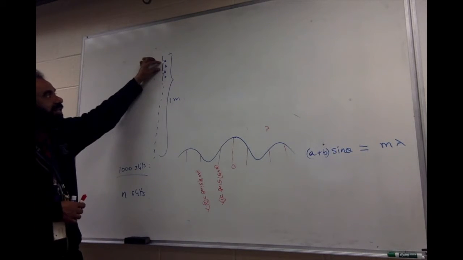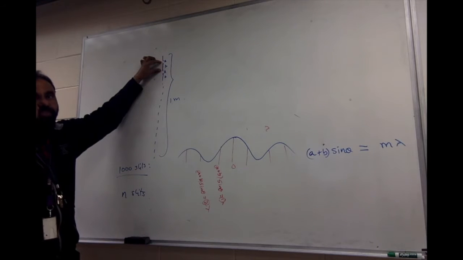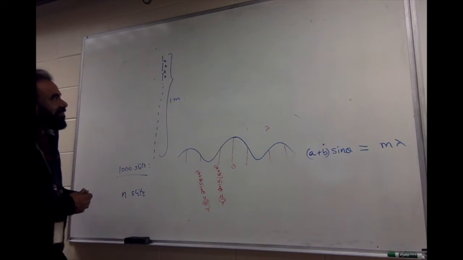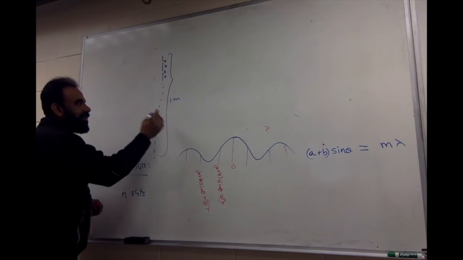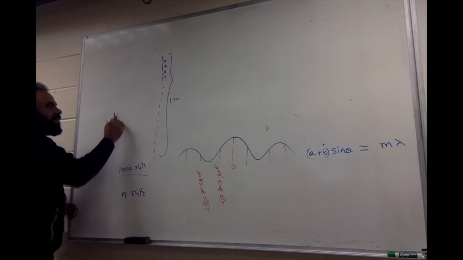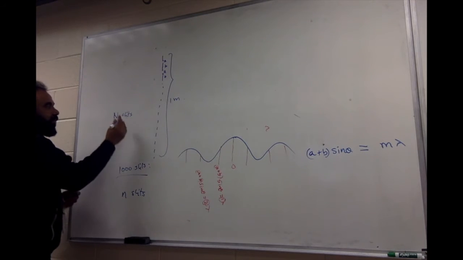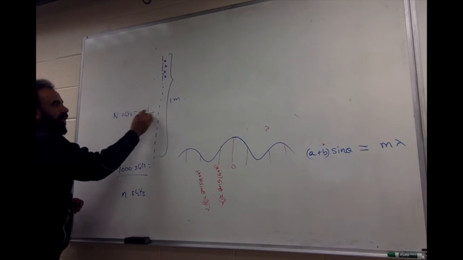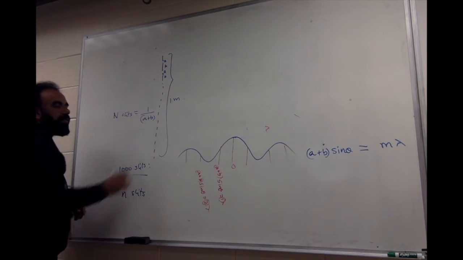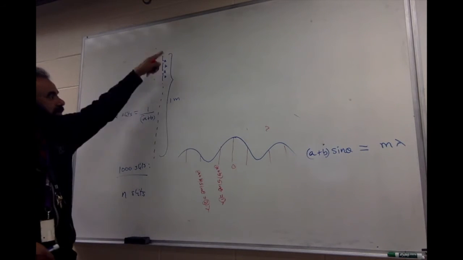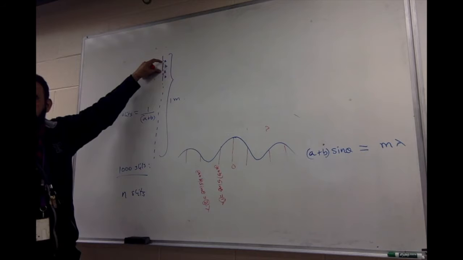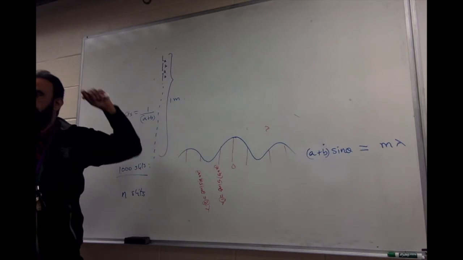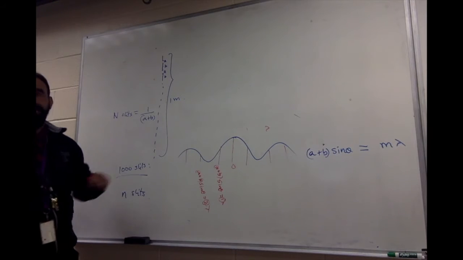If a plus b is the distance occupied by one slit, how many slits are here? There are n slits in 1 meter. So what is n equal to? If you divide 1 meter by the size of each slit, you get 1 over a plus b, which is the number of slits.